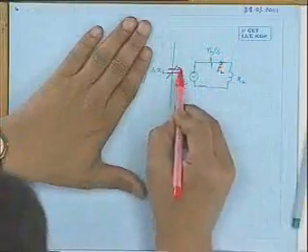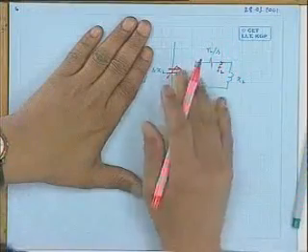Think of the original machine, running with a slip S, where the actual rotor current is I2. The power loss in the rotor winding resistance is I2 square R2, and the power drawn from the supply will be this reflected current with some power factor. Where is the remaining power going? The balance of the power, the mechanical power, is going there.